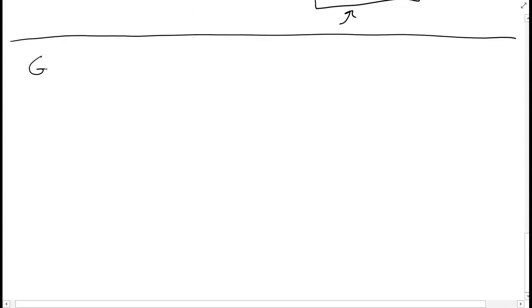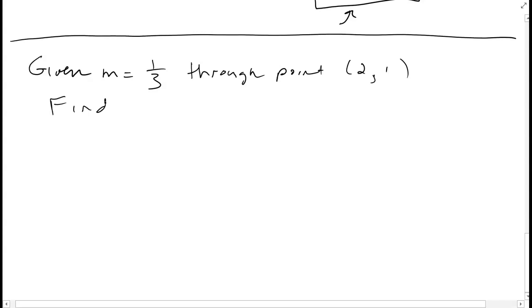So suppose I was given a line that we know has a slope of 1/3, and it goes through a point 2, 1. I want to find the parametric equations, not the regular one, just the parametric equations.